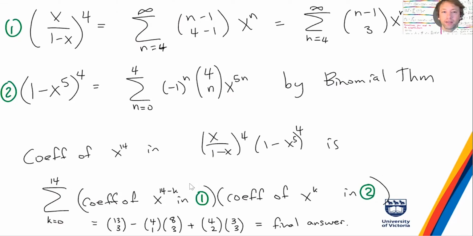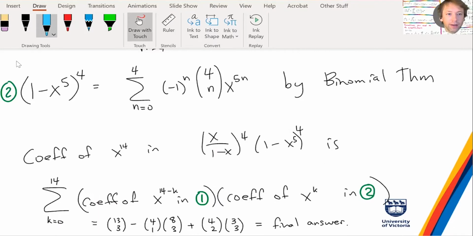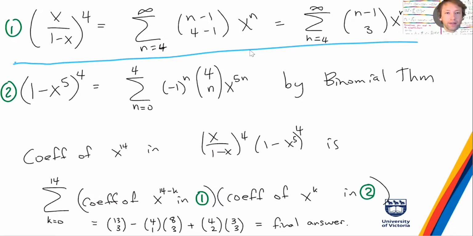So the first one, we remember our trusty formula: this is the sum from n equals 0 of -1 choose n, x to the 5n, right?